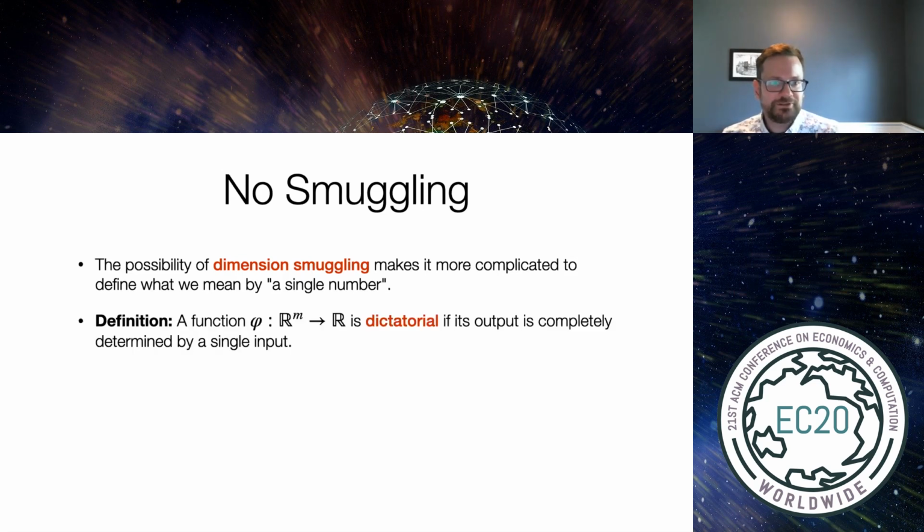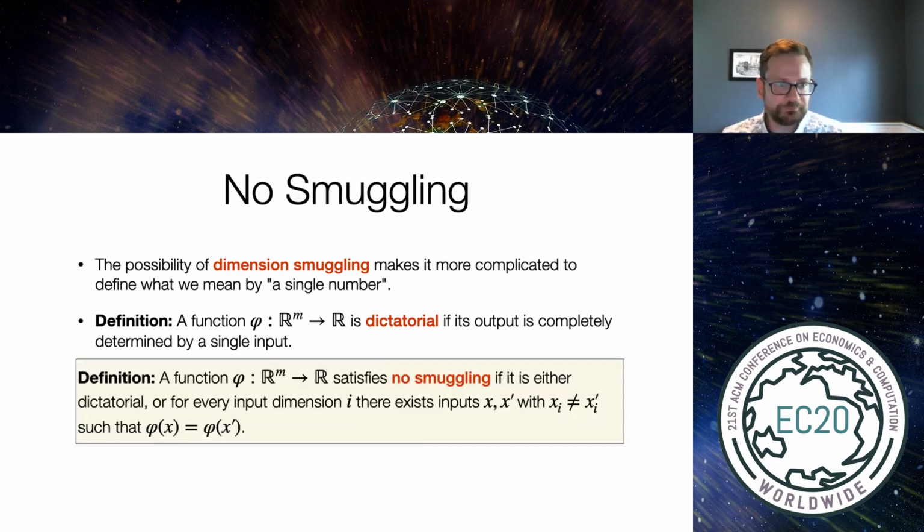And so we're going to define this thing called no smuggling. We're going to say that a function is dictatorial if its output is completely determined by a single input. What I mean by that is if I take a vector of m elements, but only one of those elements matters to my output, I'm going to say that the function is dictatorial. So it's kind of like in social choice.